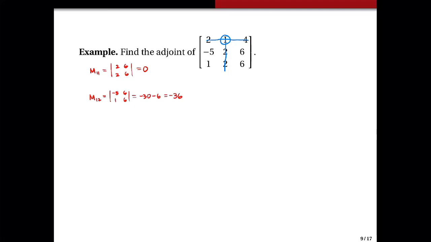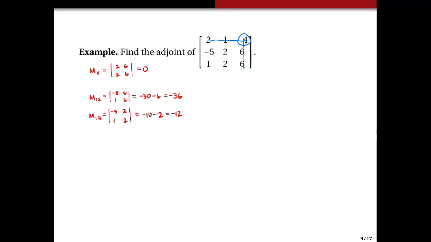And then let's have M13. This time, we cover this row and this column, so M13 is the determinant of the matrix negative 5, 2, 1, 2. If we calculate, we will have negative 10 minus 2, which is equal to negative 12.